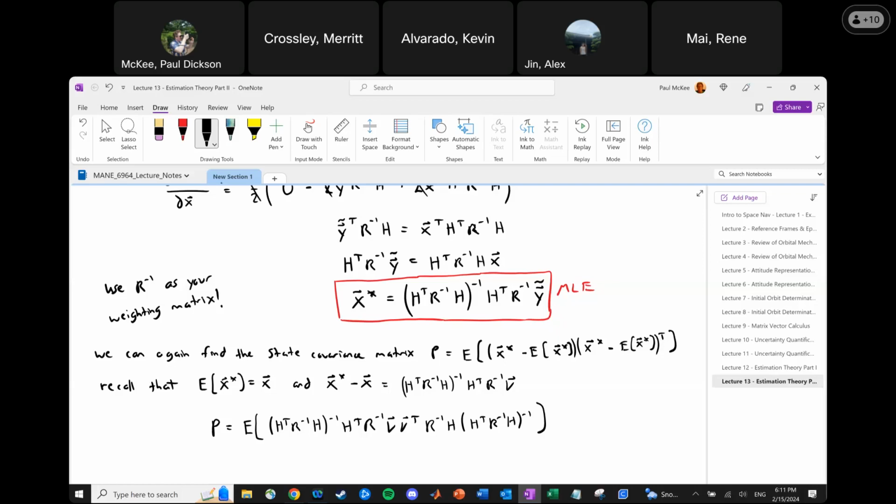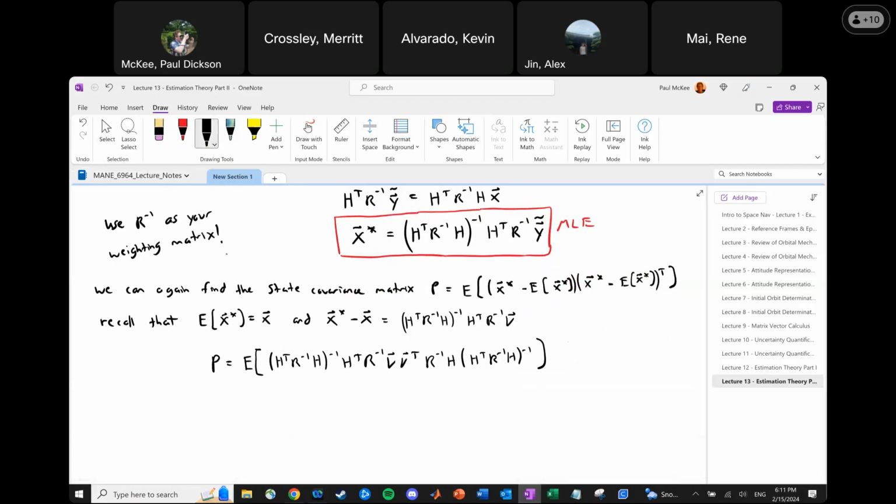So our next step is the expected value operator really only cares about the things that are stochastic. So actually, this simplifies quite a bit to P is equal to H transpose R inverse H inverse H transpose R inverse, expected value of nu nu transpose R inverse H transpose R inverse H inverse.